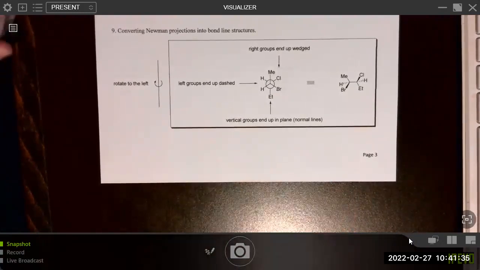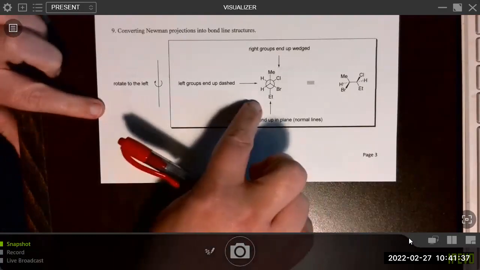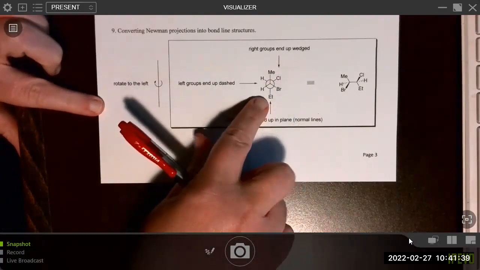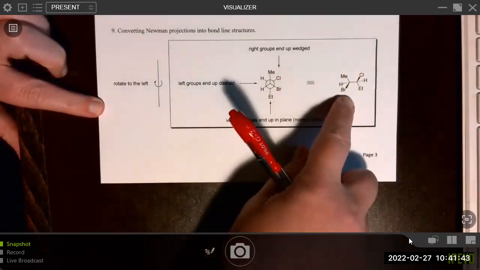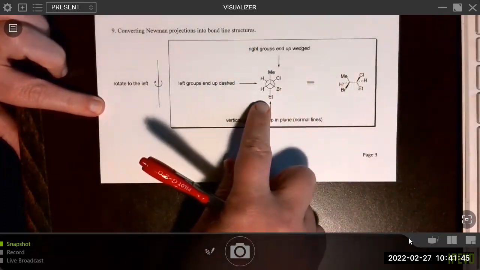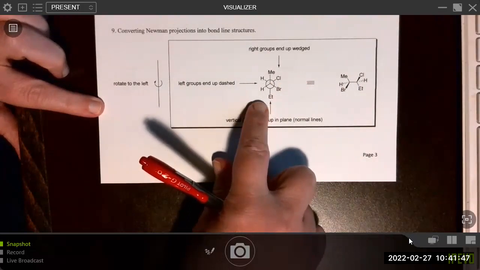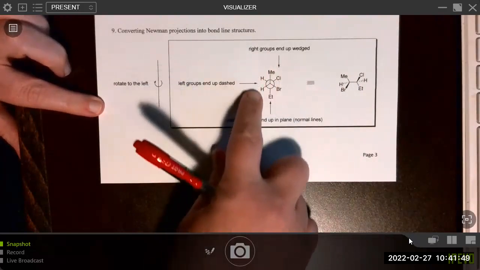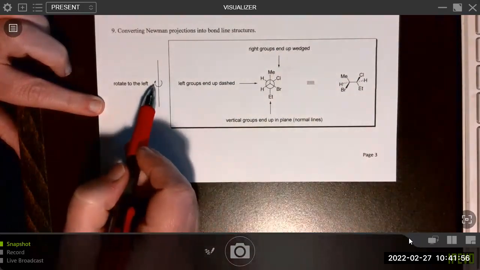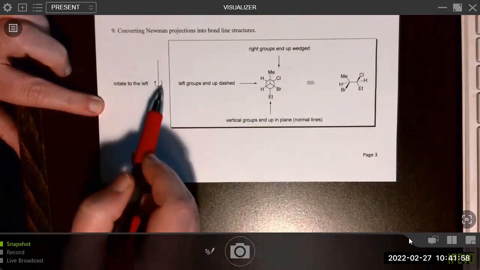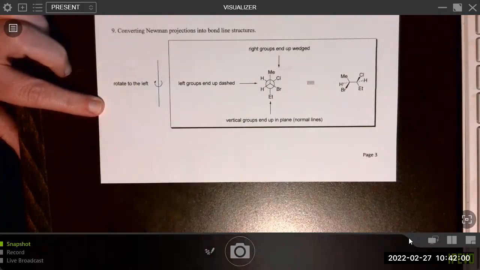All right, and then this just talks about what if you're given the structure in a Newman projection? Well, remember that we can go from a dash wedge notation into a Newman projection, so the opposite must also be true. We should be able to go back from a Newman projection into the dash wedge representation. So we're showing you how to do this, like put a pin in it and then rotate it to the left.